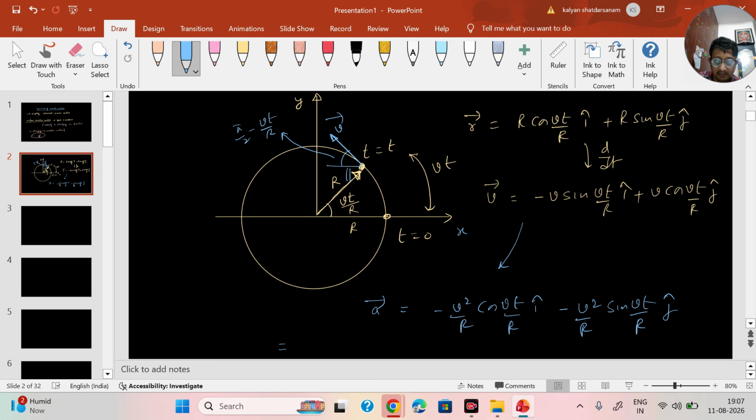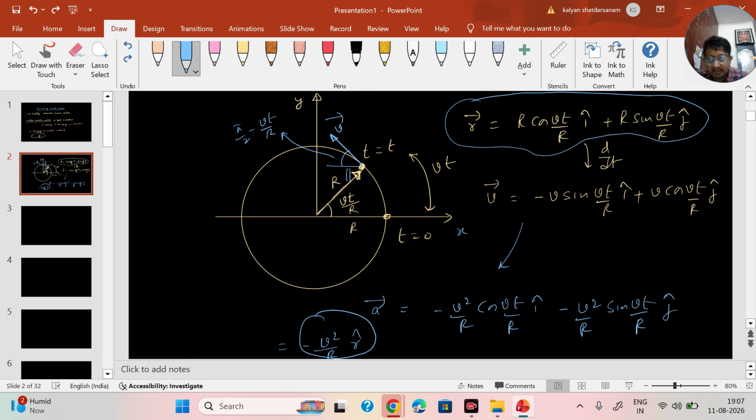If you take minus v square by r out, cos(vt/r) i plus sin(vt/r) j is the unit vector in the direction of r, because if you divide this r with its magnitude, which is R itself, you get unit vector r. That's exactly the acceleration directed towards minus r cap. If this is r cap, minus r is directed towards center.